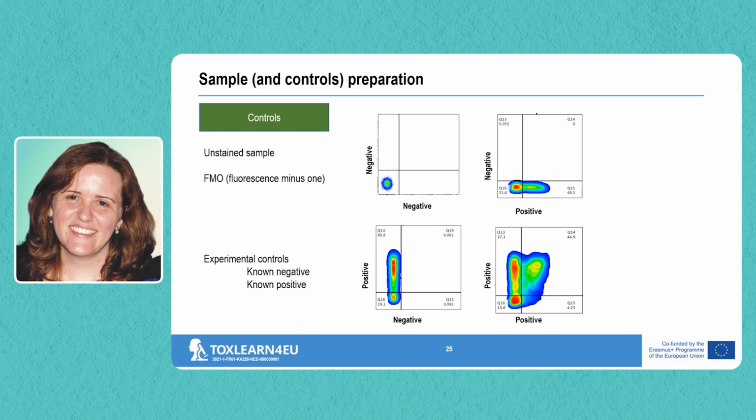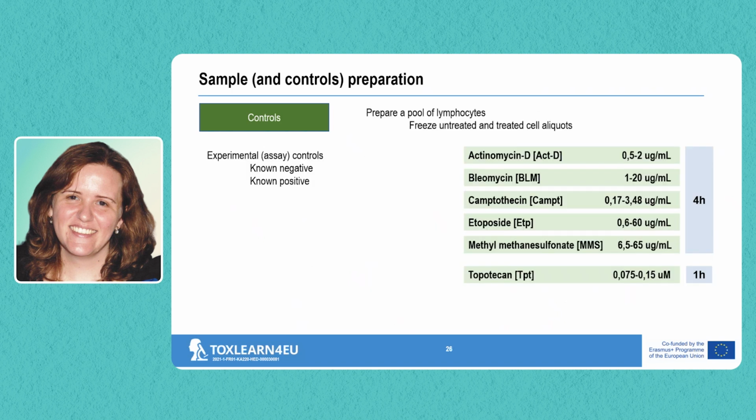And if you have a negative positive, it will help you to identify the right place for this line here. So it's very important to have all these kinds of samples to do the experiment. And then, of course, when we have the positive, it is what it is. You don't move the lines anymore. So this corresponds to your sample.